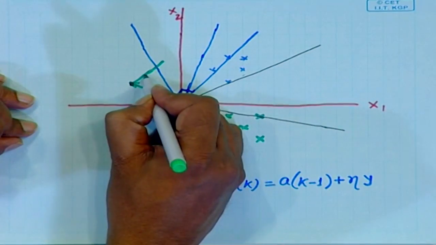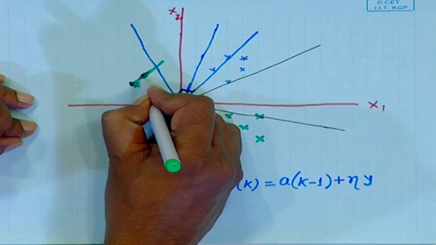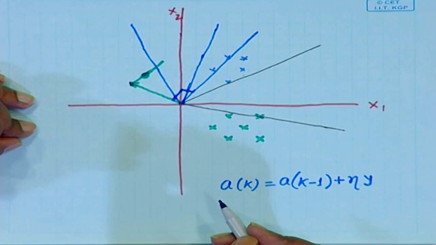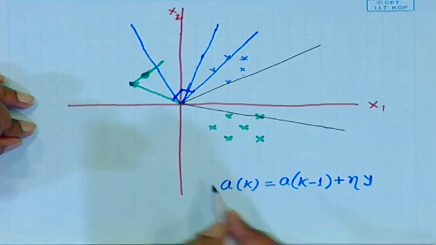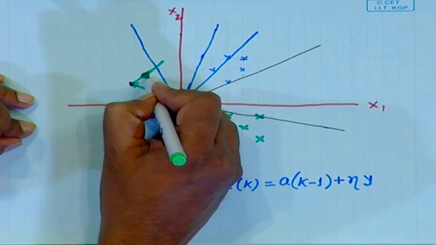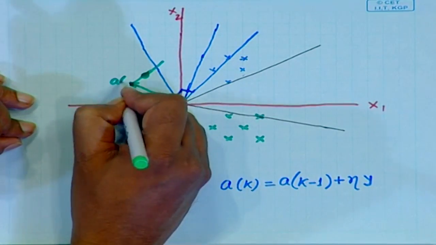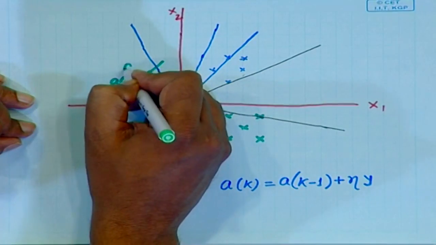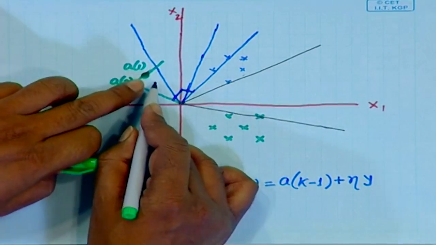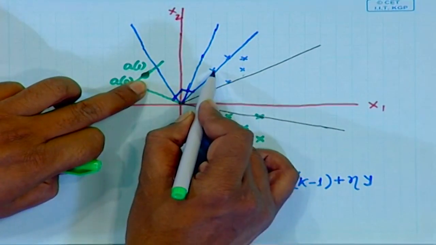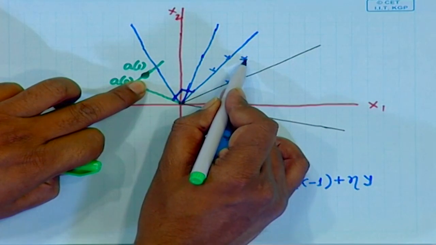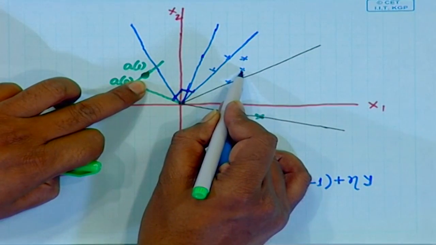Or suppose the vector has been pushed somewhere over here, so it is outside the region. This was my A0, and now this has become the position of A1. This A1 will properly classify this sample, this sample, this sample, but it may not properly classify this sample.